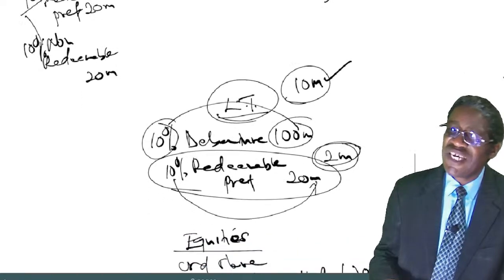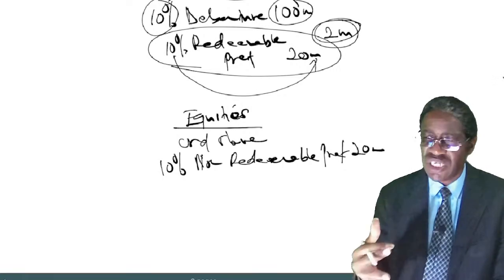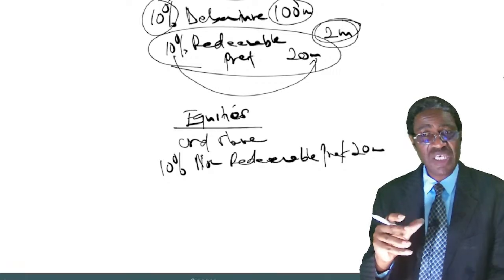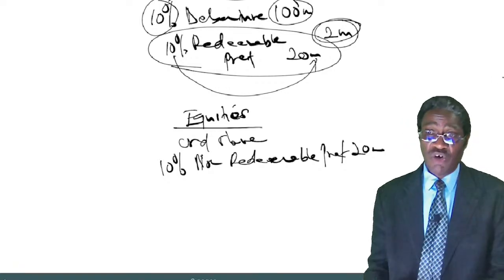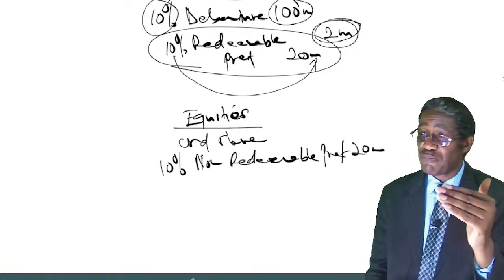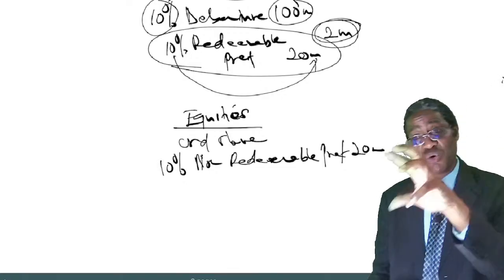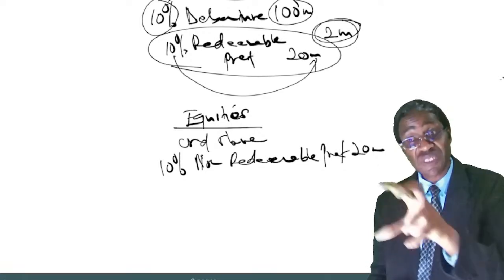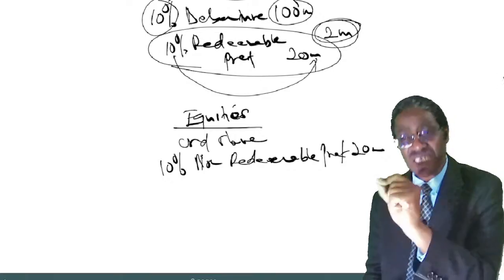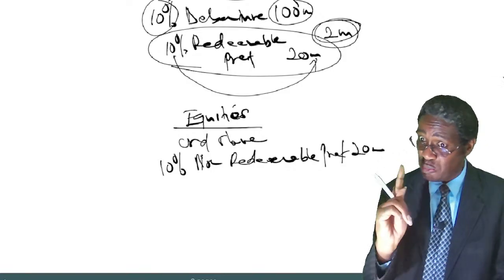Otherwise, the dividend on the non-redeemable, that's what you consider to be an appropriation of profit. So once you get the profit after tax and you want to appropriate that profit, one of the appropriations is ordinary dividend. Two, preference dividend on non-redeemable preference shares. So I hope you have understood that point.